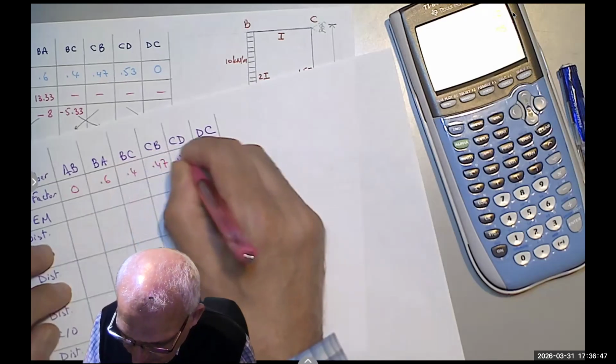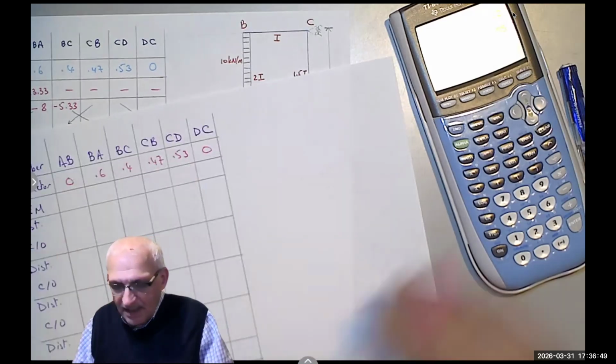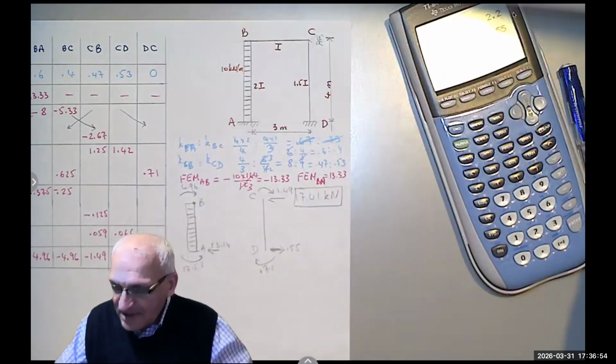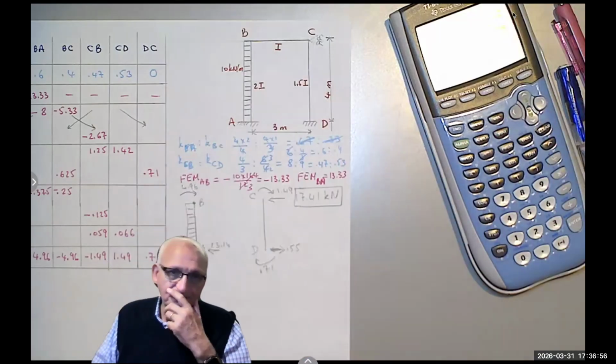Now, when I go to the second part, and I already redrew those, let me make these 0.6, 0.4, 0.47, 0.53, and 0. Now, how do I find the moment that I will be using in part 2?